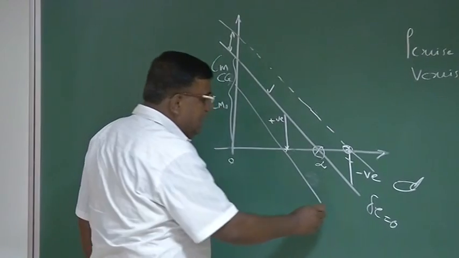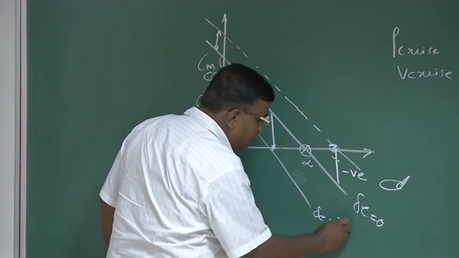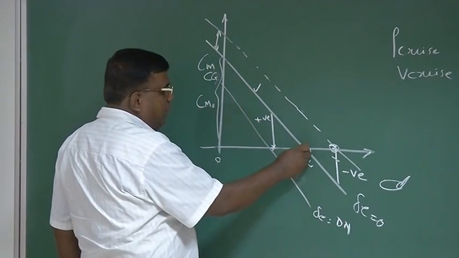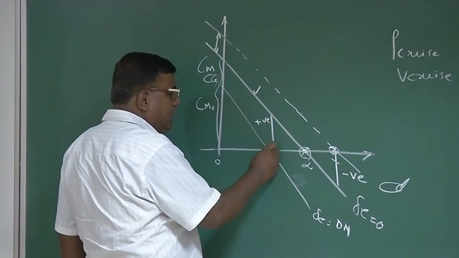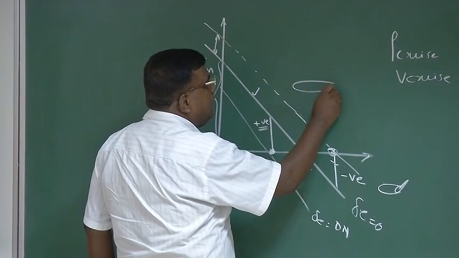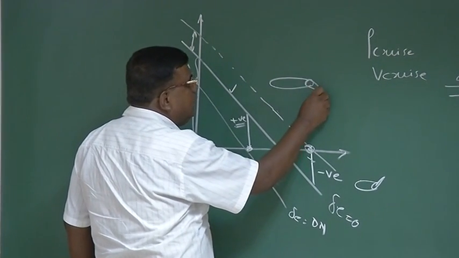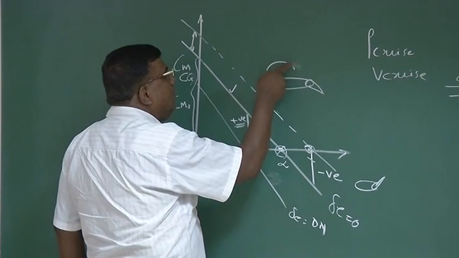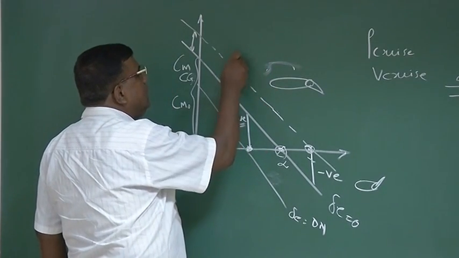So I should give elevator now down. Because if I am from this point, if I want to fly here, it will generate positive moment. So I have to ensure that the elevator is deflected down so that it gives nose down moment about center of gravity.